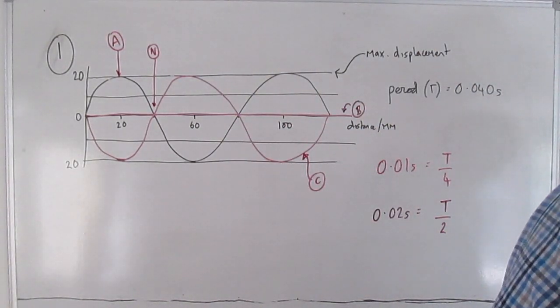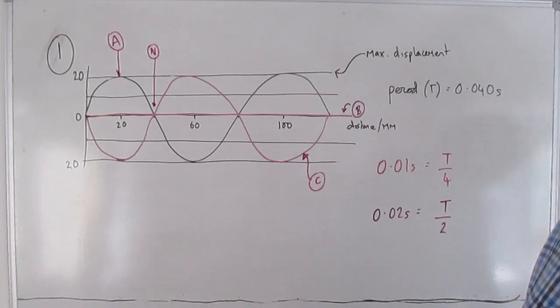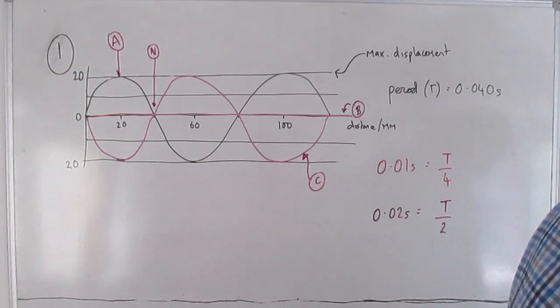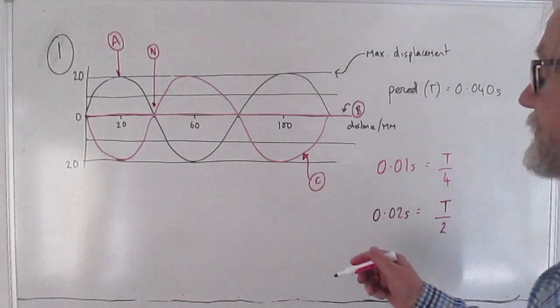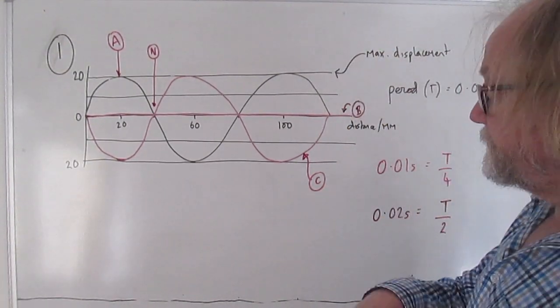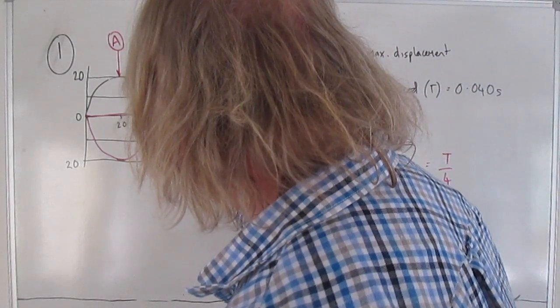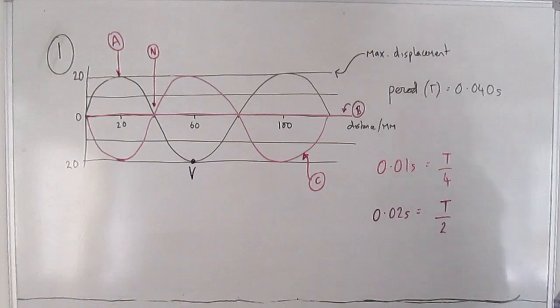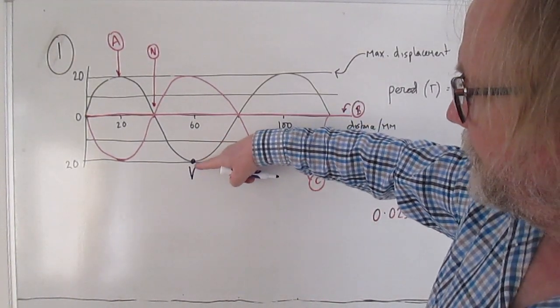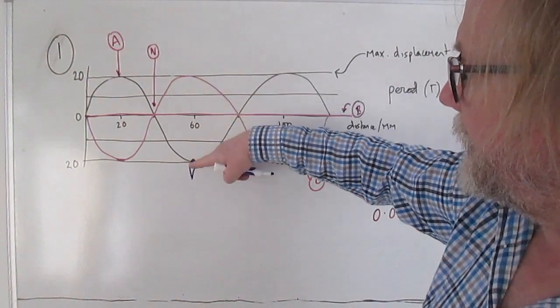Okay, then we have to describe the motion of the particle at V, giving frequency and amplitude. So V is down here. So the first thing to describe the motion is to make it clear that V just oscillates vertically up and down.